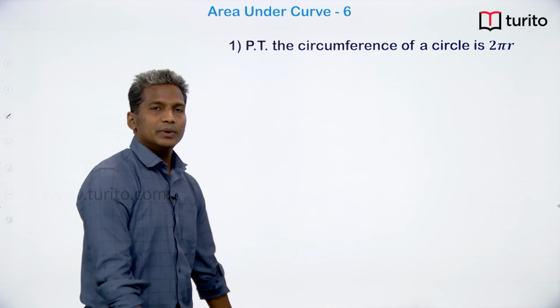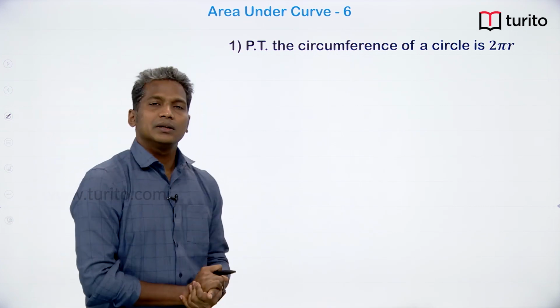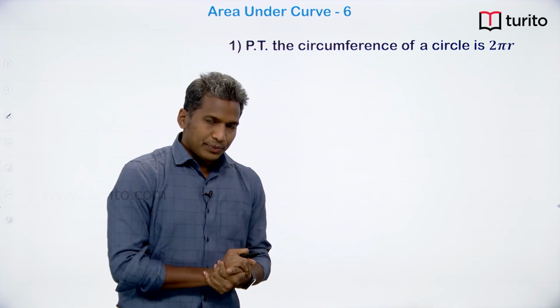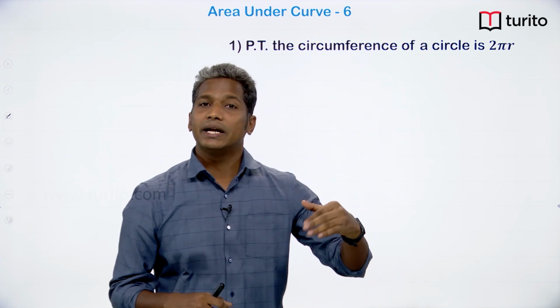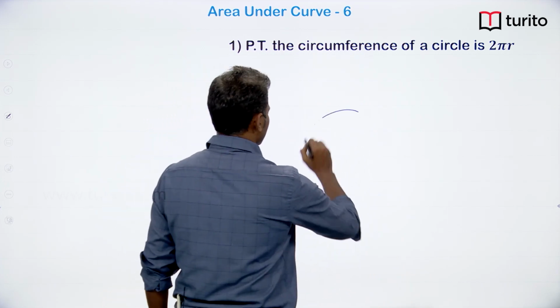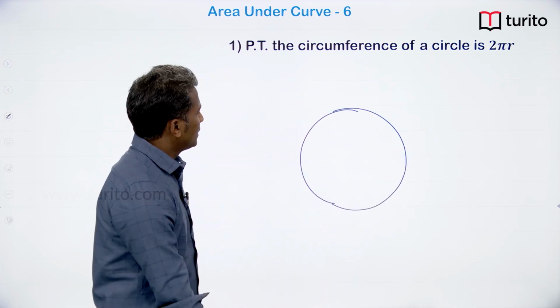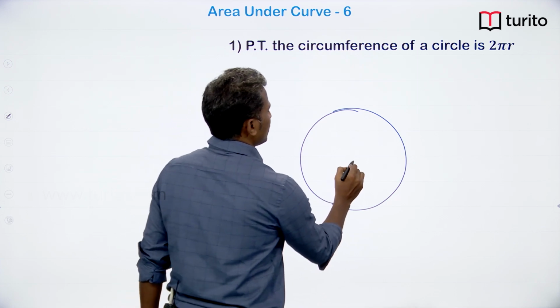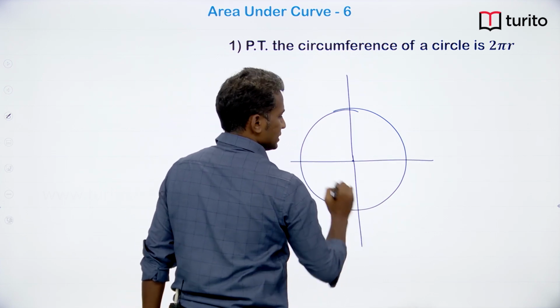This is our first problem, where we have to prove that the circumference of a circle is 2 pi r. To get the circumference of the curve, we have to first define the curve. If we take any circle, let us say the center of the circle is the origin, this is my x axis, this is my y axis.